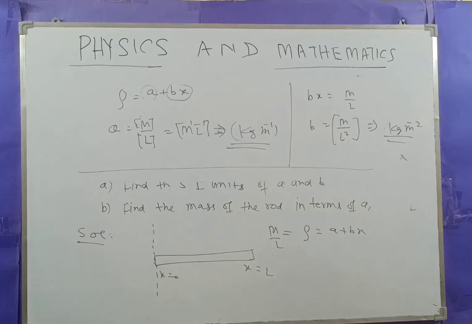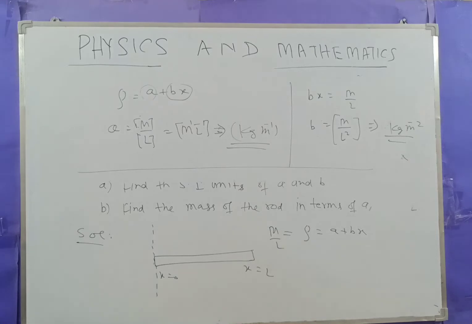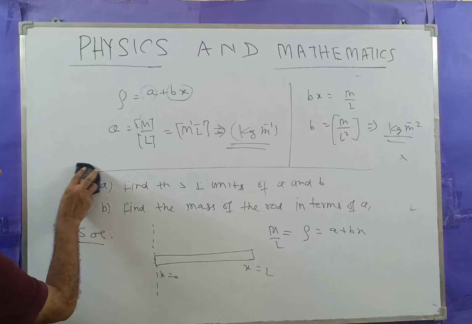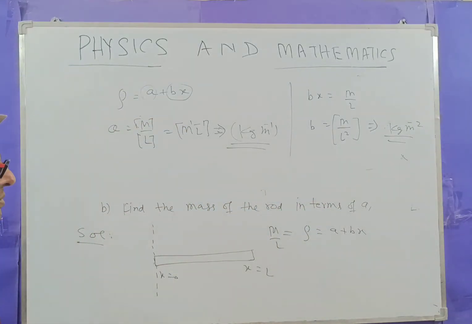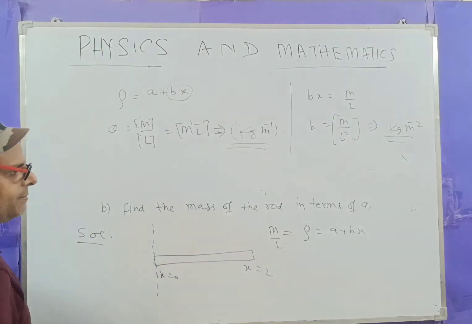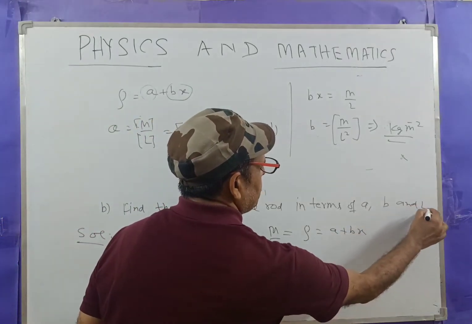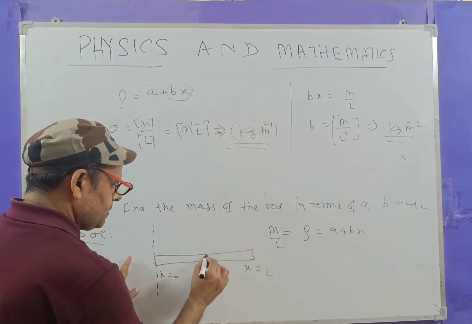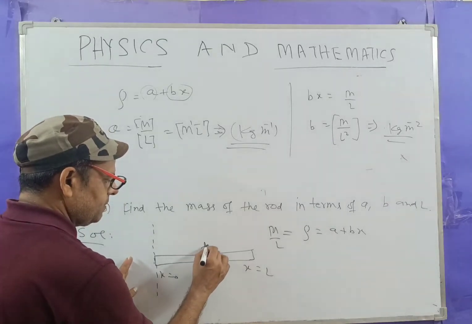Now, the first part, find the SI unit of A and B, is clear. Now, for the second part of the question, that is find the mass of the rod in terms of A, B and L. For mass, you can take a strip here, dx length, and its mass will be dm.